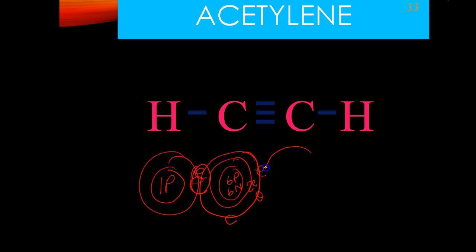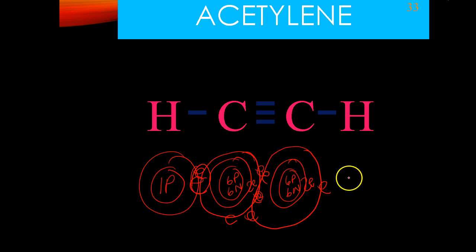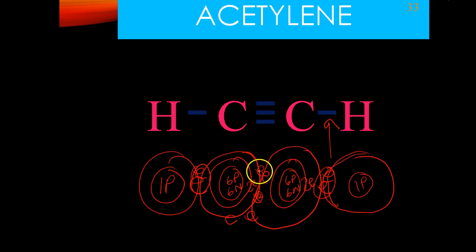Here's the other carbon, also with 6 protons, 6 neutrons. The first shell has 2 electrons, so 4 in its outer shell. And then finally another hydrogen, which has 1 proton and in its outer shell that 1 electron. So we're sharing a pair of electrons here, that's 1, shared 3 pairs. And then finally, here's the last 2 pairs.